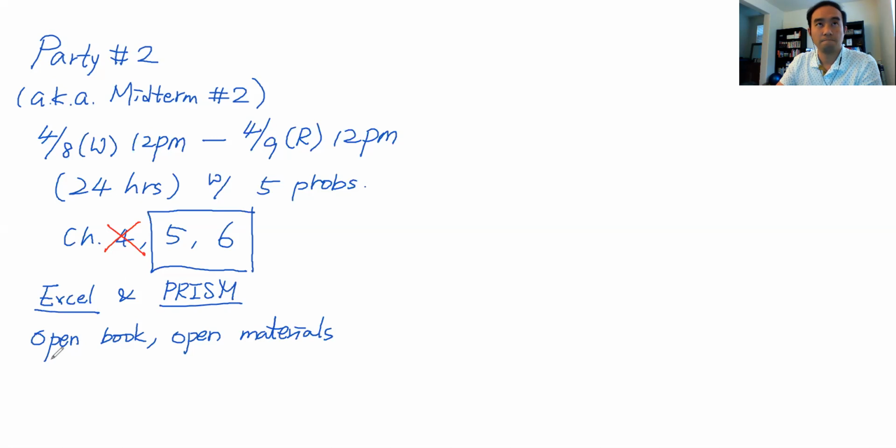But if you can just screen capture it and make it into one PDF, that's fine too. Either way is fine. I think on Blackboard you can only upload one single file. So if you make it into one PDF and upload it on Blackboard, that's totally fine.